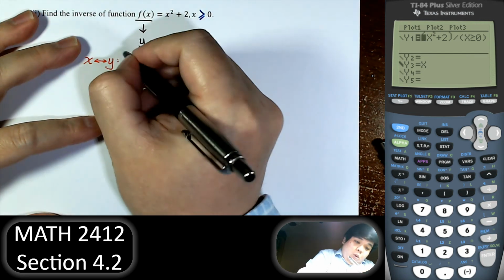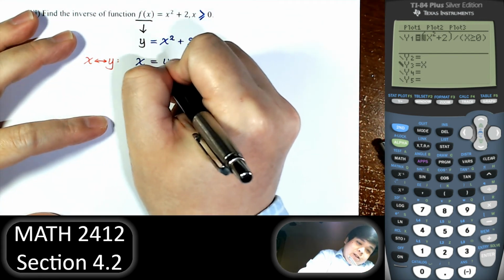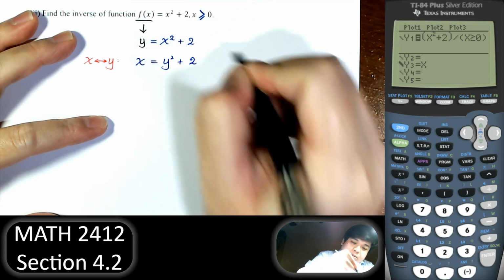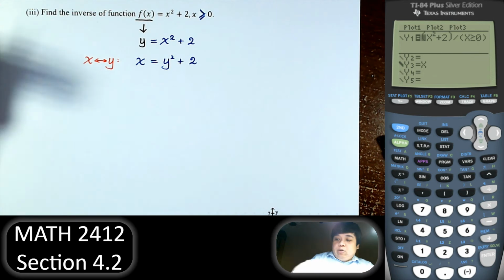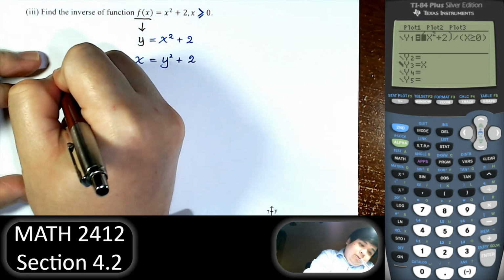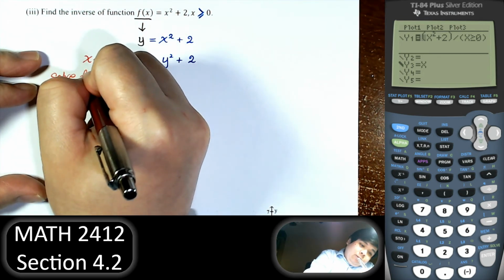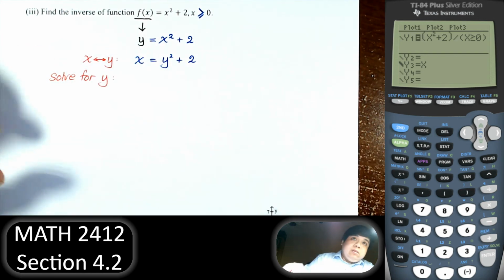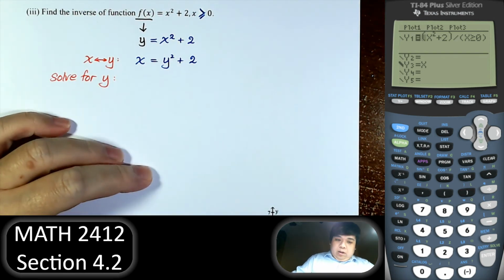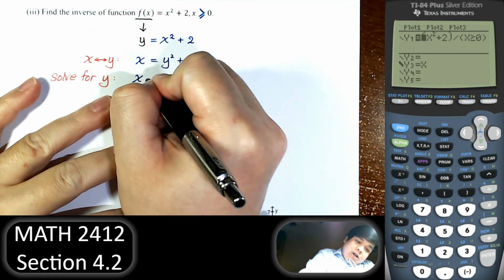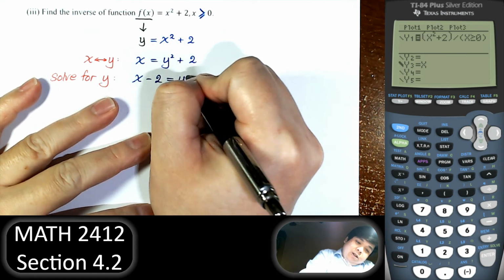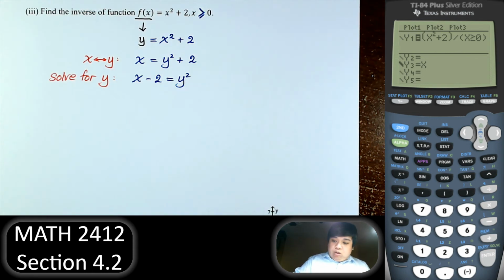So x becomes y and y becomes x. And now we can solve for y. So we solve for y, subtract 2 on the other side. And then we take the square root on both sides.